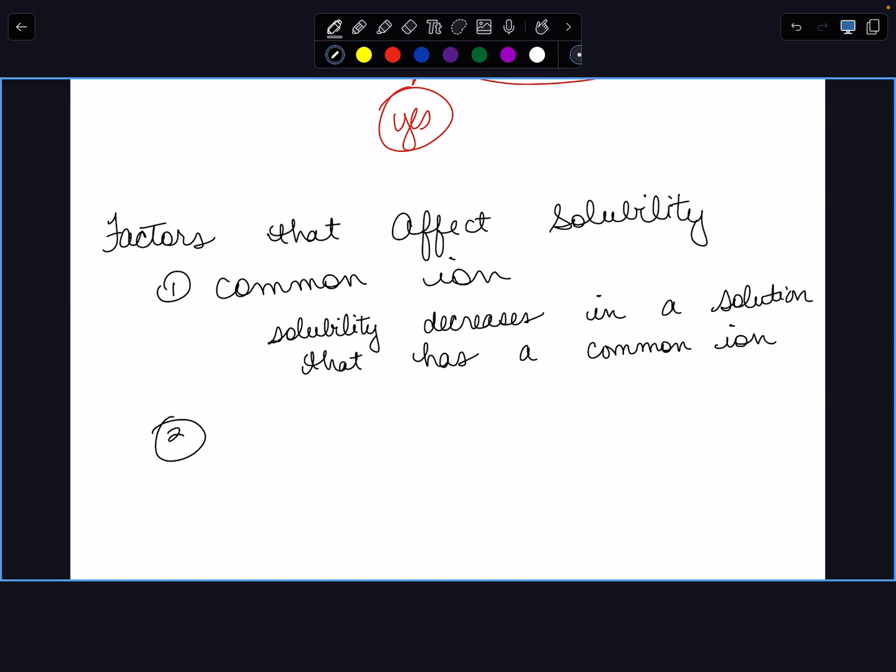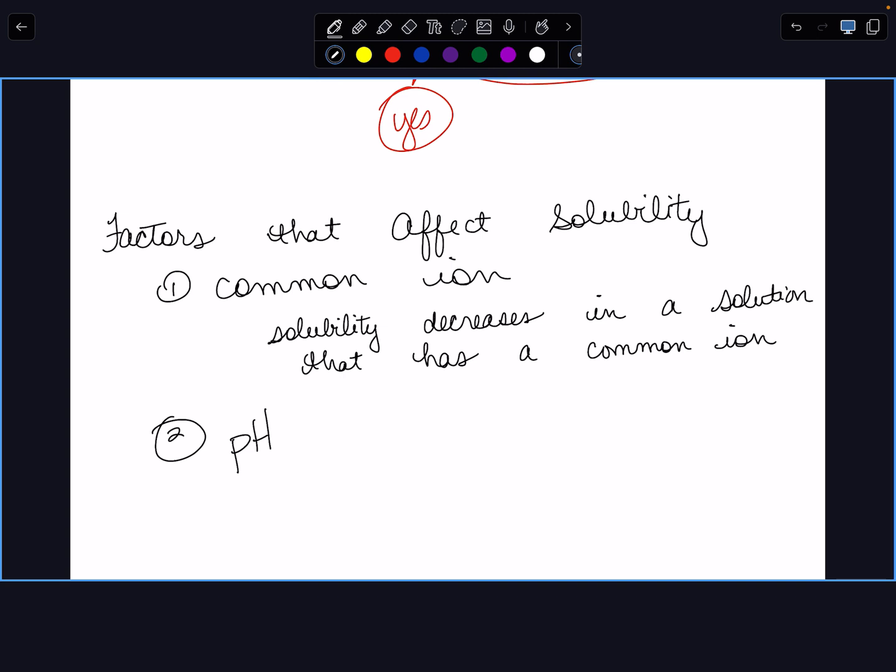A second factor that can affect solubility is the pH. How does the pH affect the solubility? Well, it depends. So dig back to, we're on chapter 17, dig back to chapter 16. How do y'all know if a salt is a neutral salt?